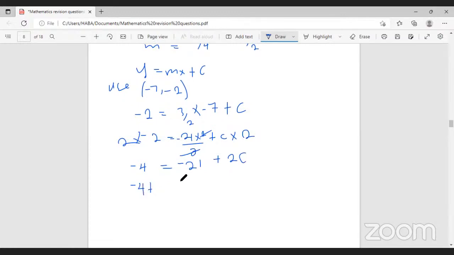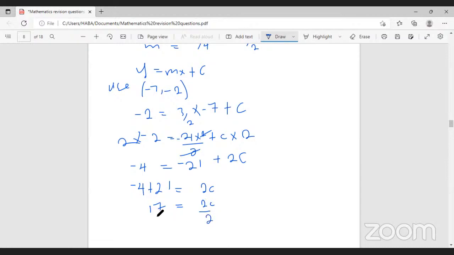So when 21 crosses the equal sign, it becomes positive, isn't it so? So -4 plus 21 is 17, which is equal to 2c.